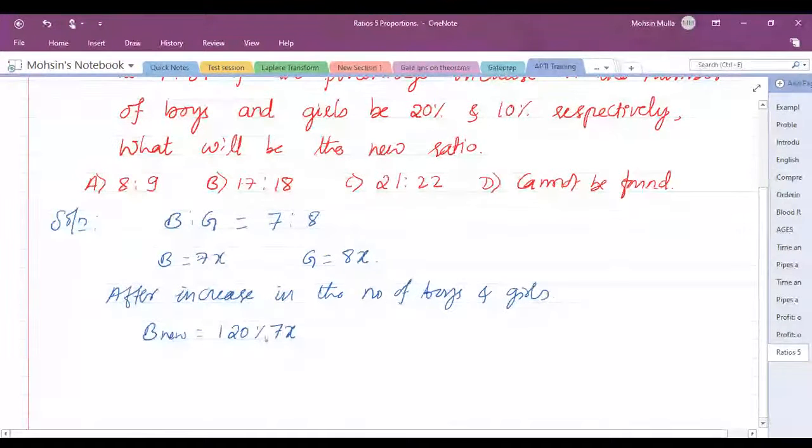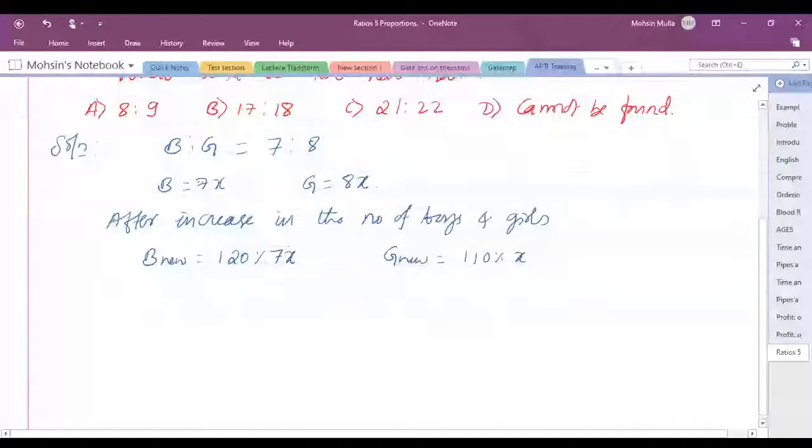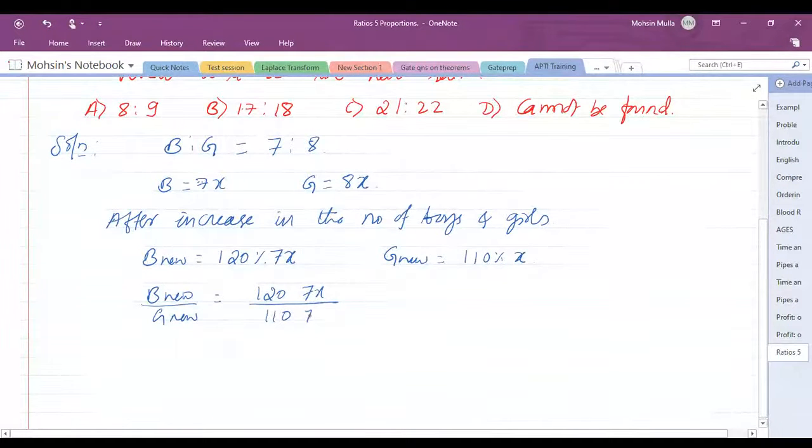In the same way, the new number of girls will be 110% of 8x. So the ratio of boys new to girls new will be 120% of 7x divided by 110% of 8x.